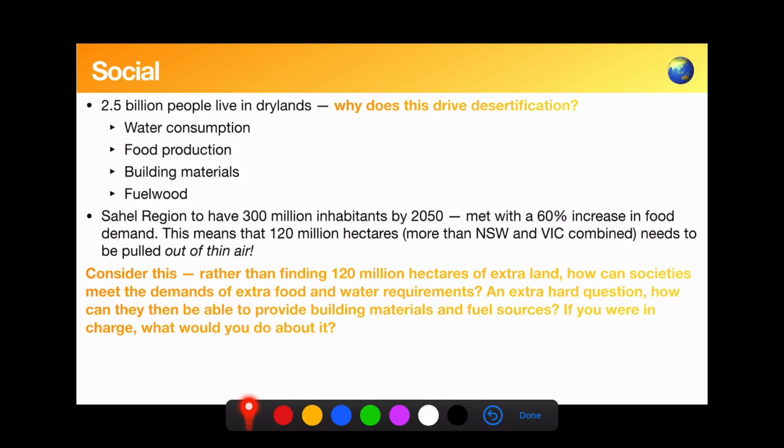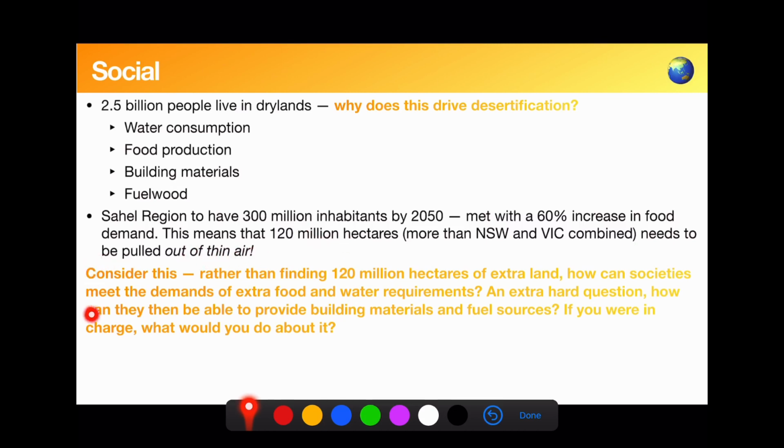The nations of Africa need to pull that out of somewhere. If we're using our current farming practices, they need to somehow find this kind of land. Where are they going to find it? They're probably going to chop down trees to do that, yeah? Oh my goodness. So they need to find that much land.